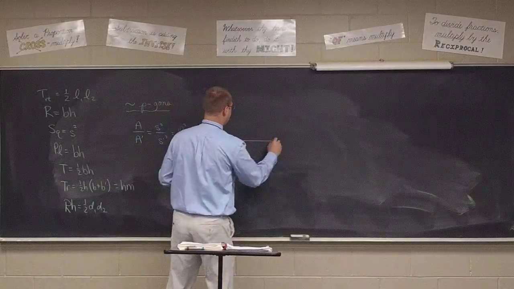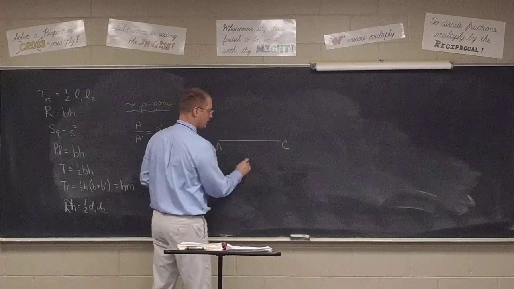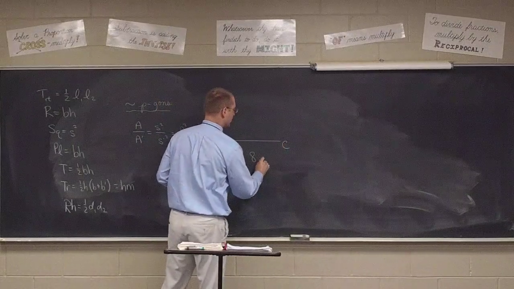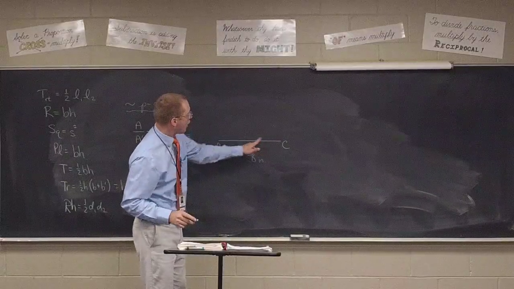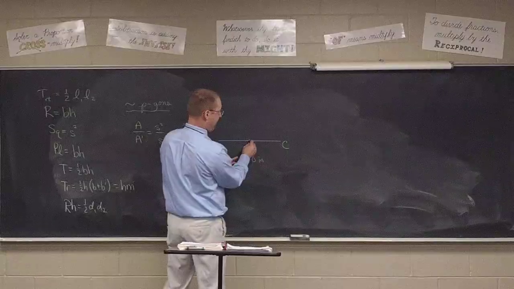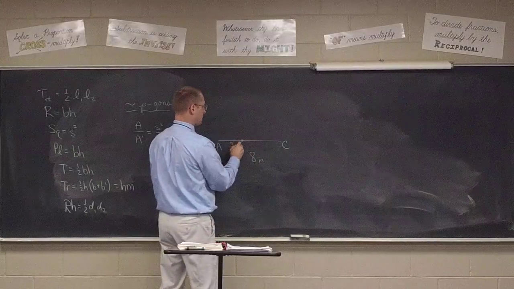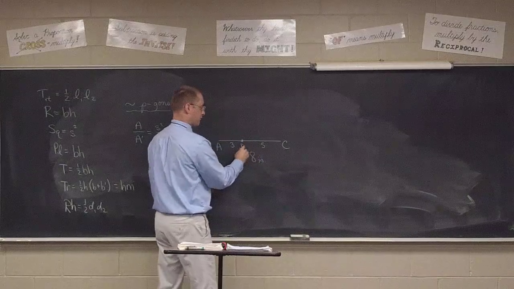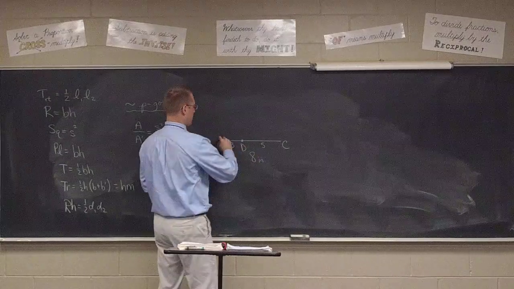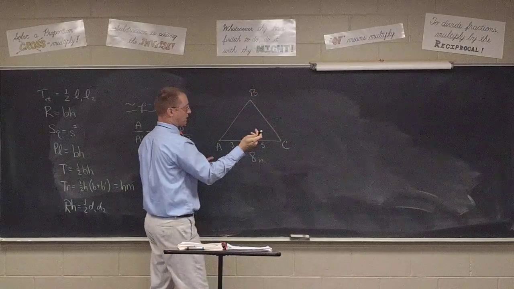So I'm going to go ahead and draw AC down here. And we know, Jamie, that AC is how many inches? 8 inches. But there is a point D on this line such that AD is 3 inches. So here would be half, that'd be 4 and 4, right? So I'm going to come over this way, and we'll say it's 3 and 5. Make sense? Okay. And then the triangle goes up to some other random point B, which we really don't know anything about.